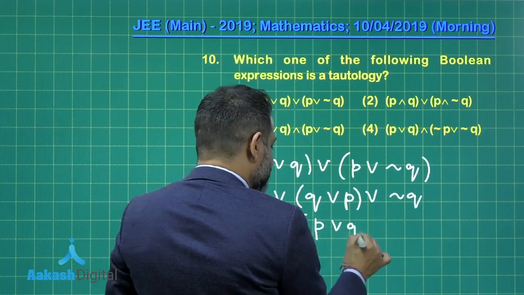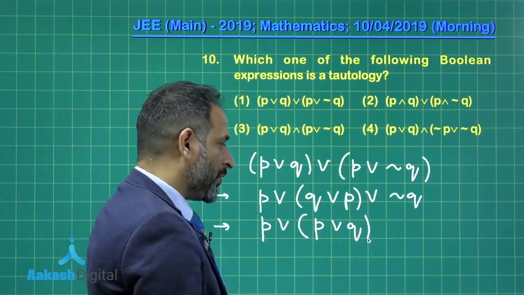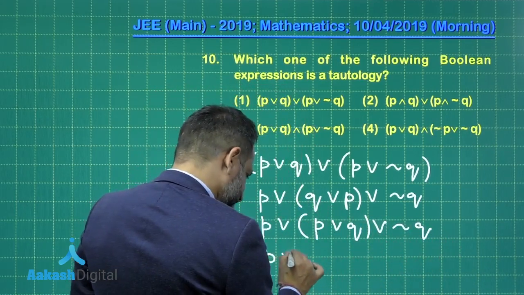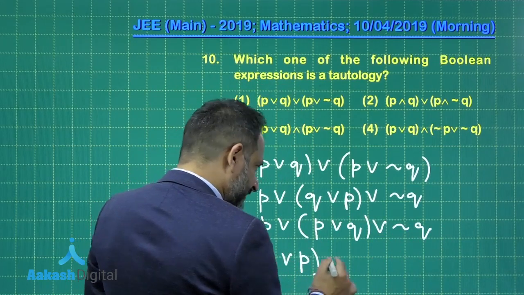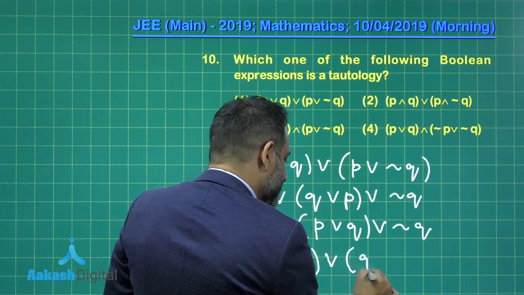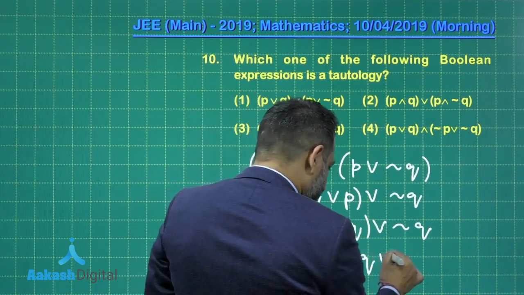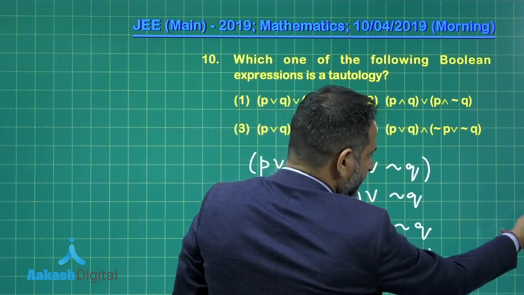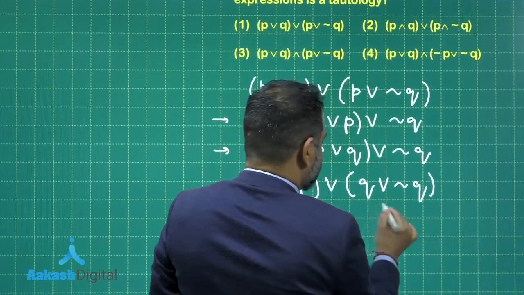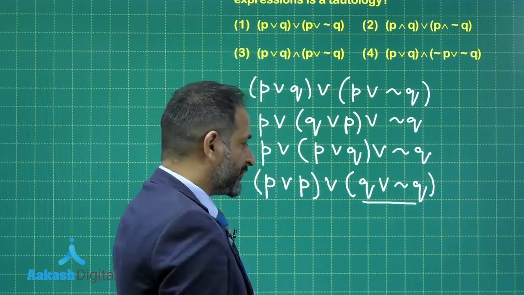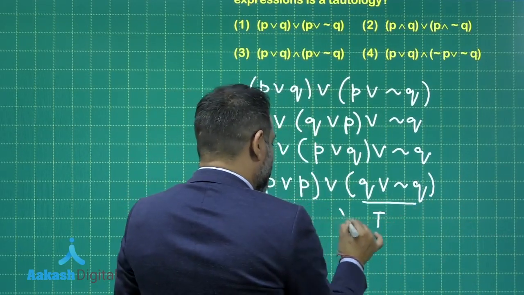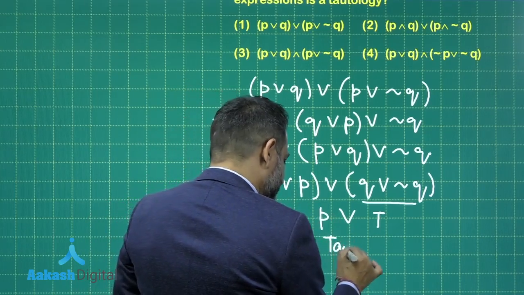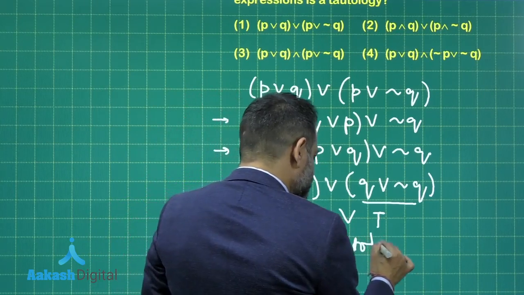So, I can replace Q or P with P or Q. Now here we can make this simple change, and you know Q or negation of Q is always true, and again P or P will give you P. Definitely this is a tautology.